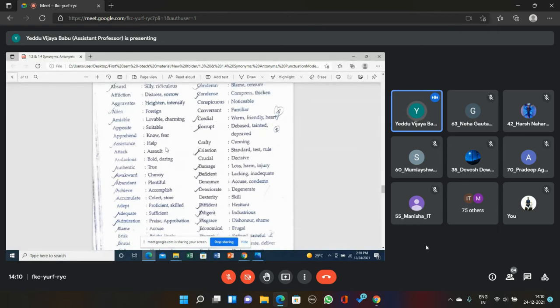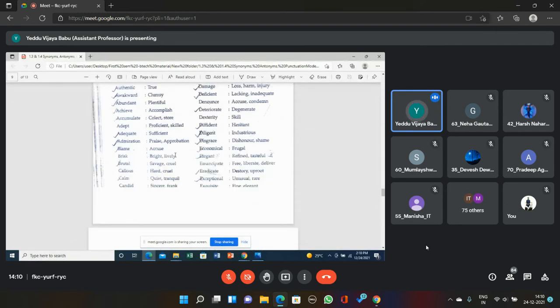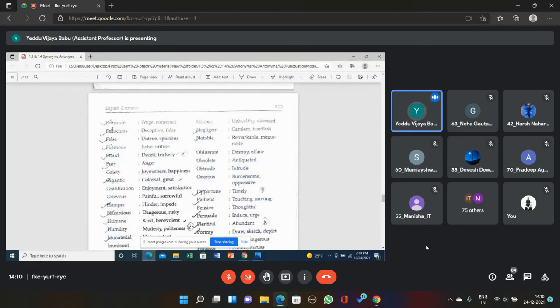Assistance means help, attack, assault, audacious, bold, daring. Alphabetically it is given for you. Like fallacious, deceptive, false. Then obsolete, not absolute. Obsolete is antiquated, which is out of use, like that. Then obtrude, then intrude.